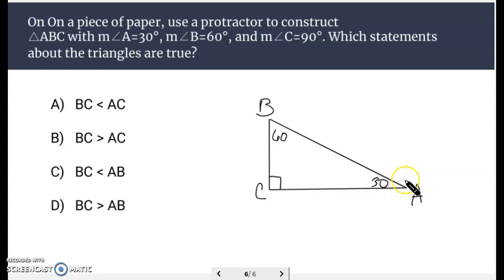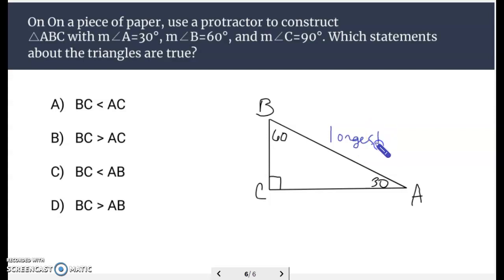All right, remember what we said on the very first slide about sides of triangles and their corresponding angles. The bigger the angle, the bigger the side. Okay, so let's say the opposite of angle C, let's just call this the longest side.